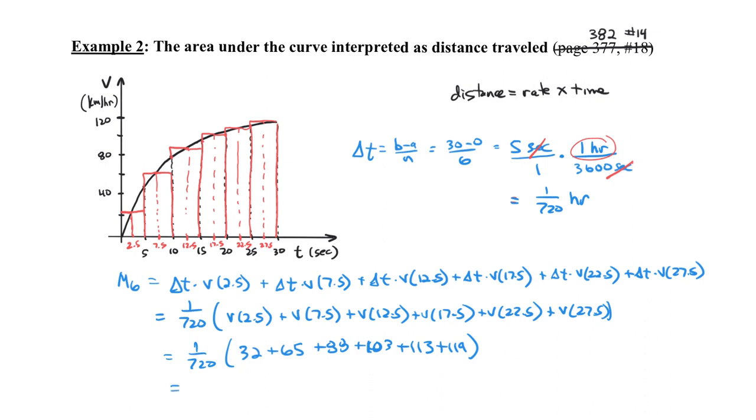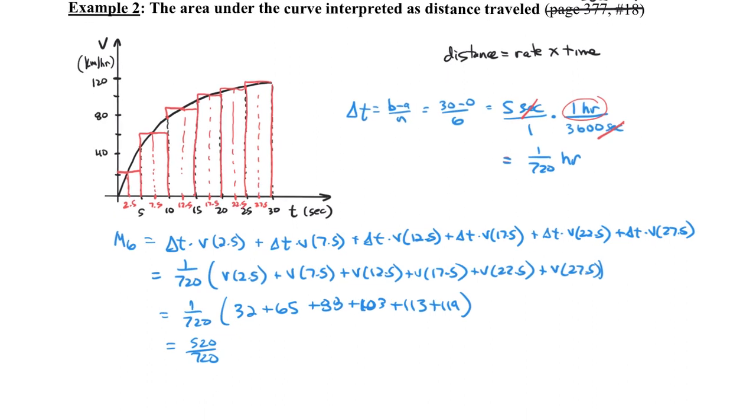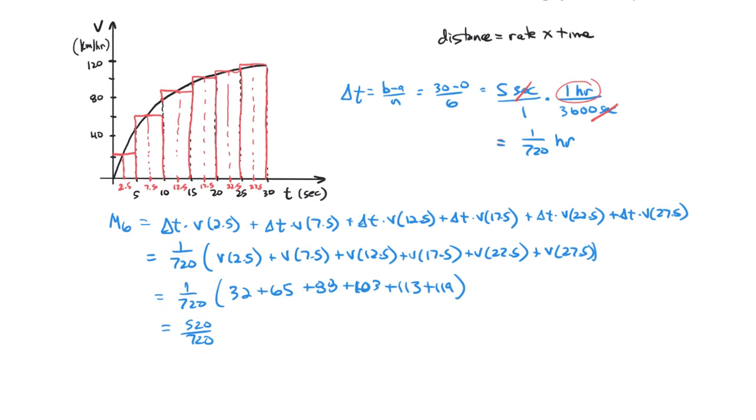We're probably just fine. And if I add up all those numbers in the parentheses, I get 520 over 720, which ends up giving us roughly 0.72 kilometers, right?